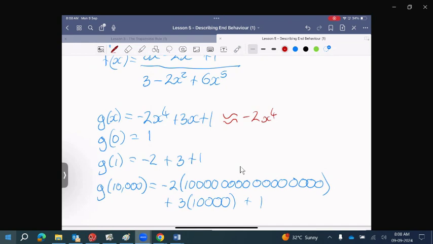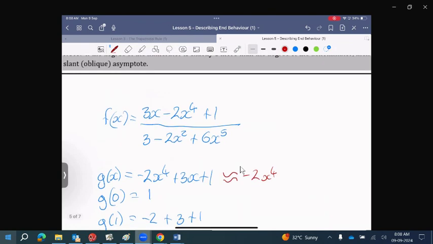How much bigger than 10,000 is infinity? Infinitely. You get the sense that it's a really, really big number. So as we go towards really large values, this basically just becomes this function divided by 6x.